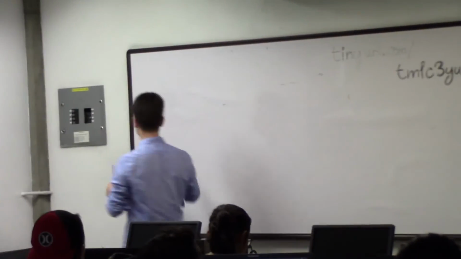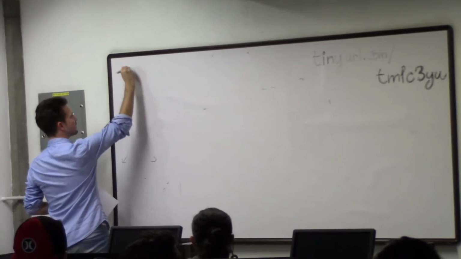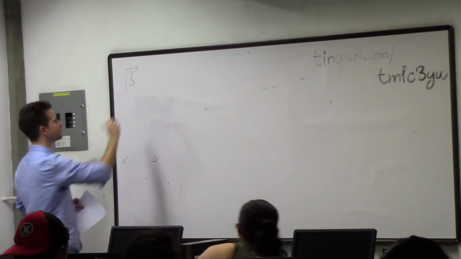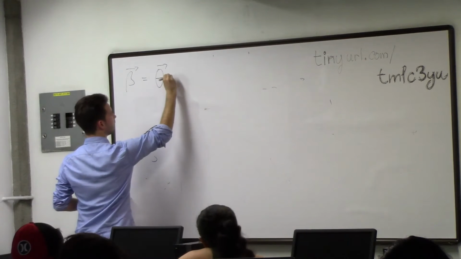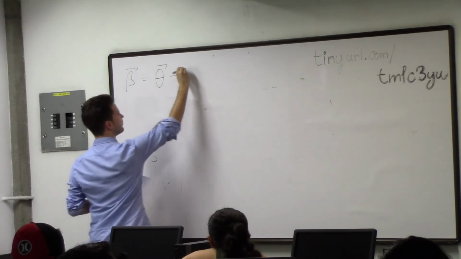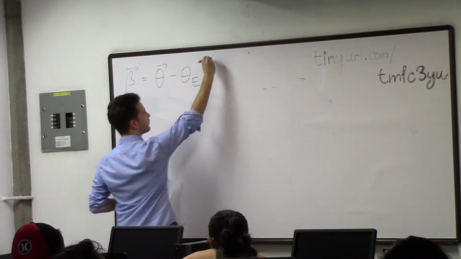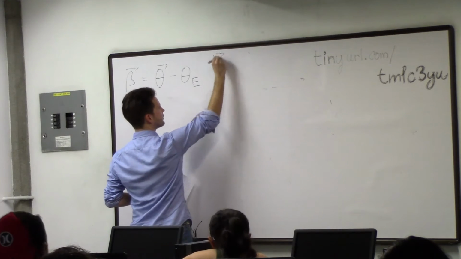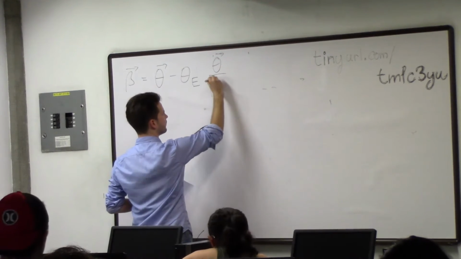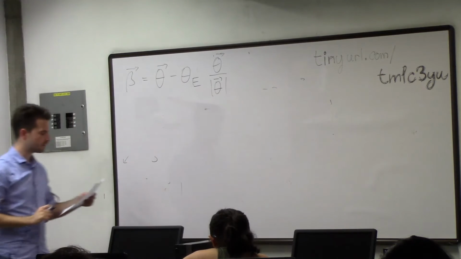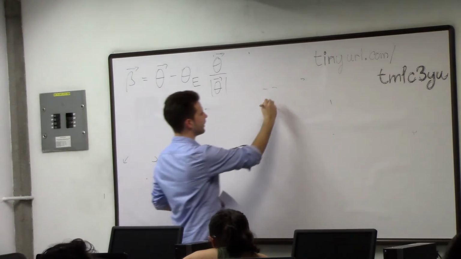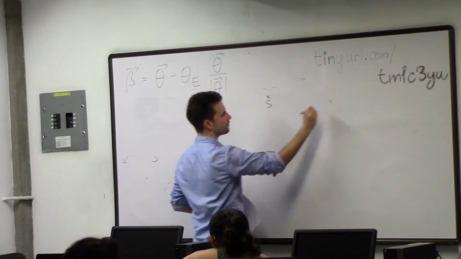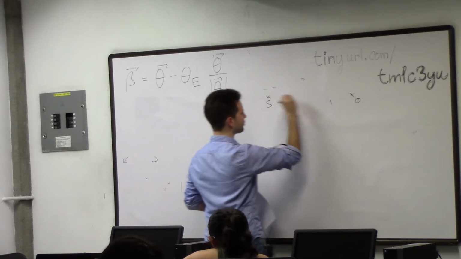So let me just start from the point where we had the beta vector, and careful, this is a vector now, equals theta minus Einstein radius times theta vector over the magnitude of theta. And just for you to understand what is happening here, if you have a source, here you have the observer.